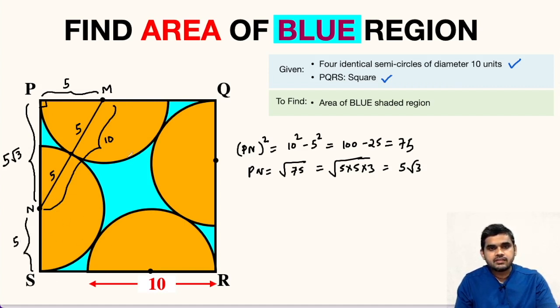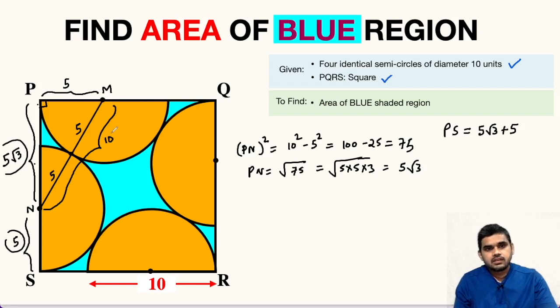Now from here we can get the side of this square, PS. So PS can be written as PN, that means 5 root 3, plus NS, that is 5. So this will be 5 root 3 plus 5 units. Now after finding the side length of this square, we can find the area of square PQRS.